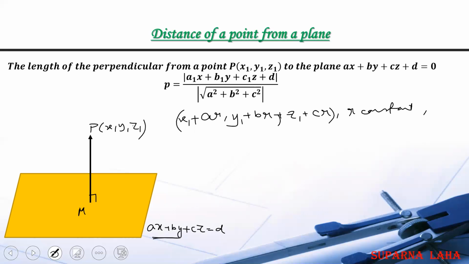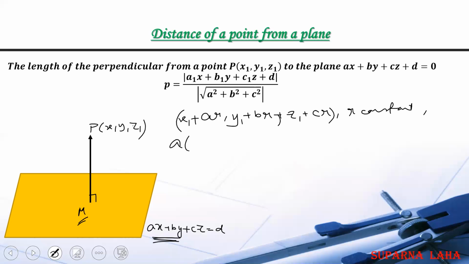Now, since M is a point on the plane, the point coincides with M if and only if it lies on the plane. So that means if we put this value in the equation of the plane, it will satisfy the equation, since M is another point on the plane also.